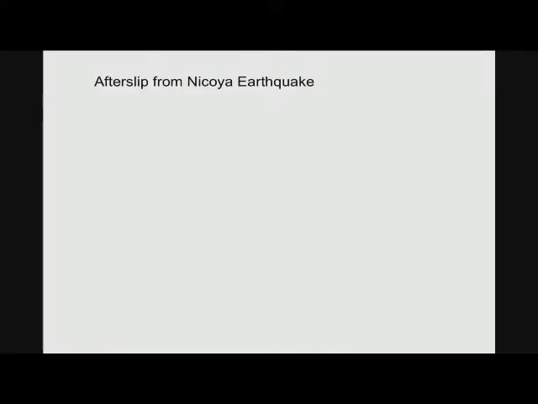One thing that Jeff didn't get to talk about, and I think he wanted to, was afterslip and post-seismic slip. I'm going to just focus on the afterslip, but I'll mention something about viscous mechanisms. Afterslip is, as I mentioned, very common.